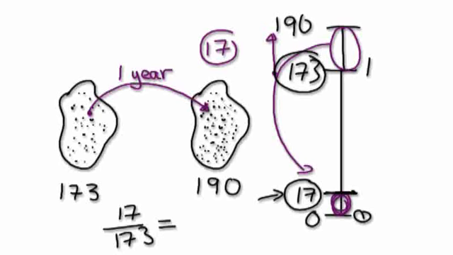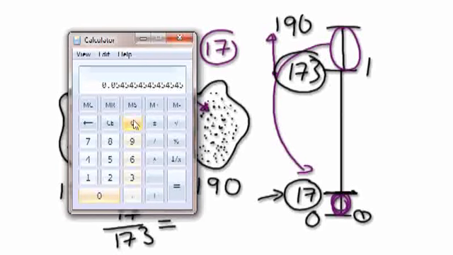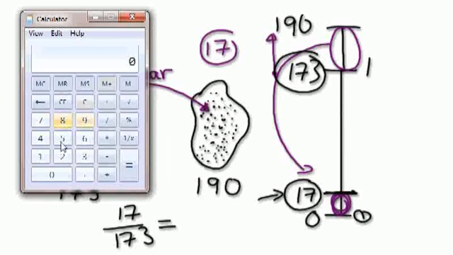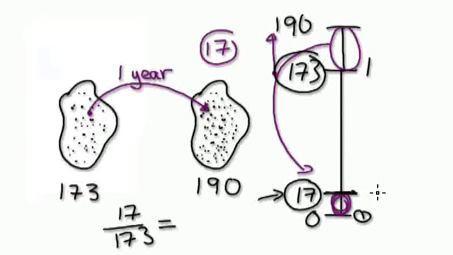So it's part divided by the original. Jump to your calculator. Clear. 17 divided by 173 equals. So this level here, we're going to round off.